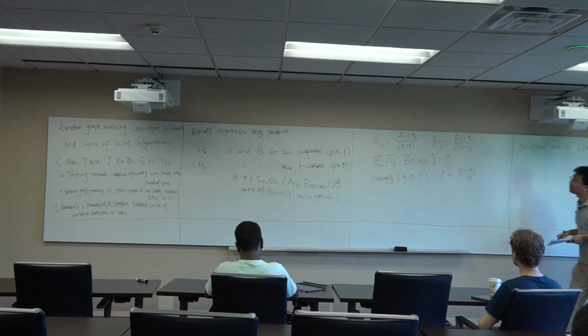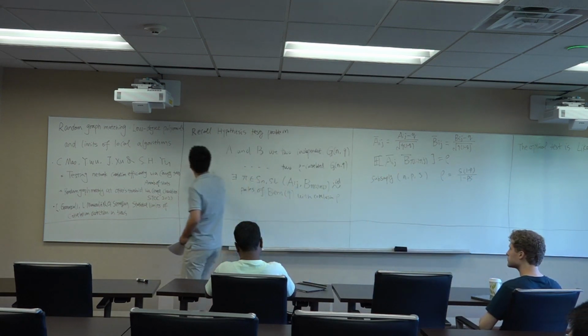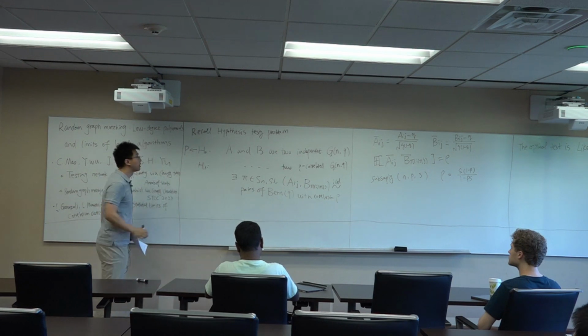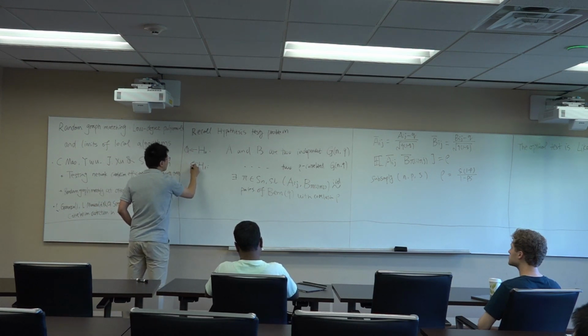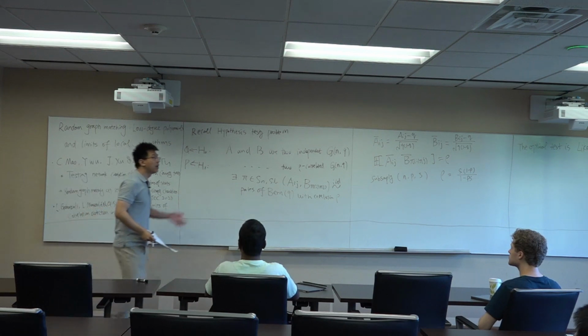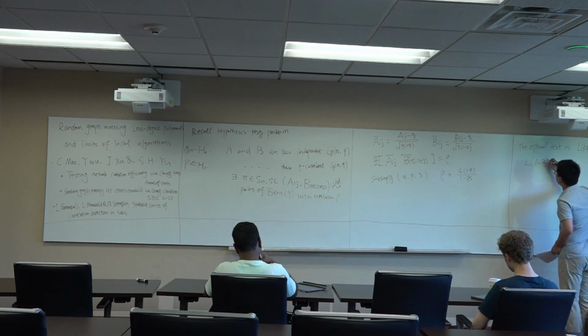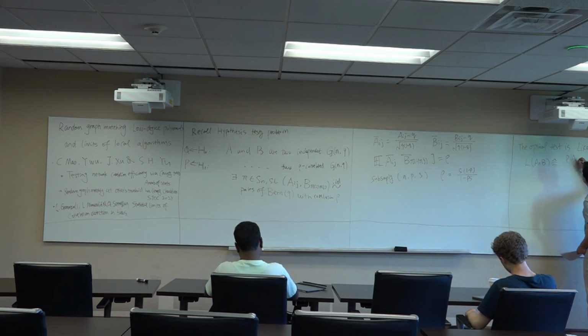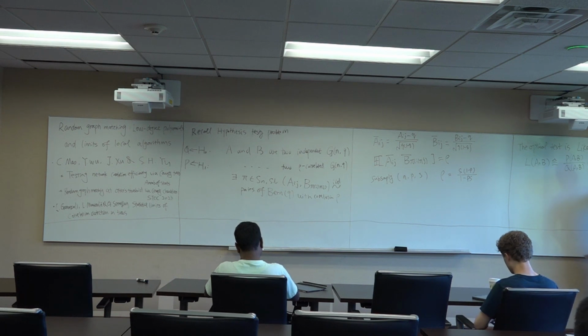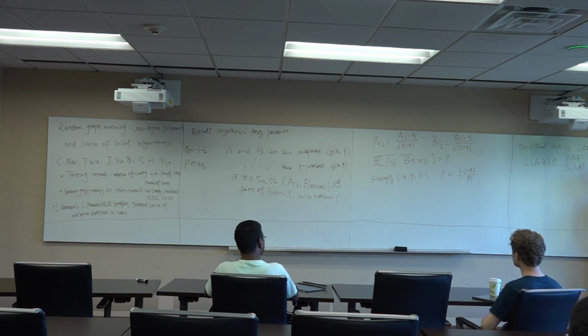If I call the joint distribution of A and B under H0 Q, and the joint distribution of A and B under H1 P, then I can look at the likelihood ratio L, which is just the ratio of P divided by the probability under Q. You can further expand it by using the total probability formula, first conditioning on the underlying permutation pi under H1, and then write it in this form.